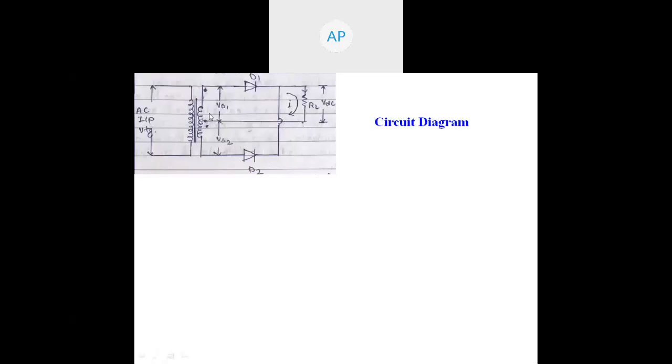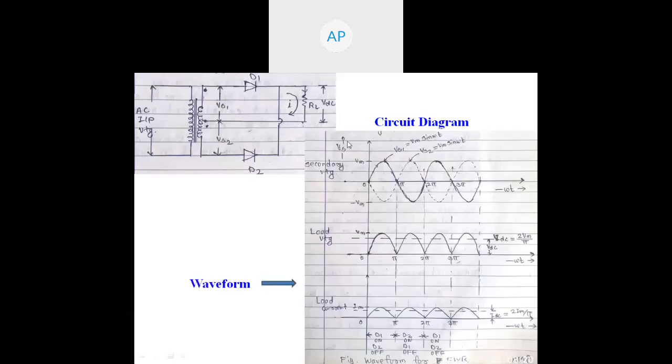The secondary voltage is available at the transformer secondary, which is a sine wave here, and here it is also a sine wave. So what is the relation between the upper half of the transformer secondary and the lower half of the transformer secondary? Both are out of phase.